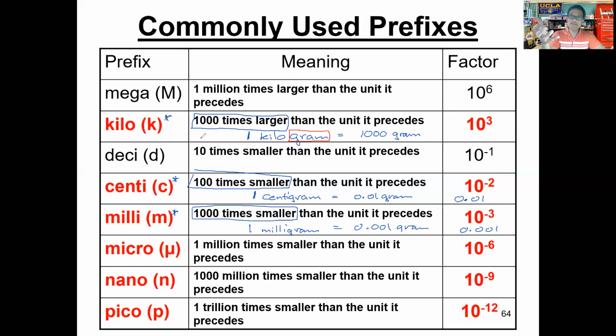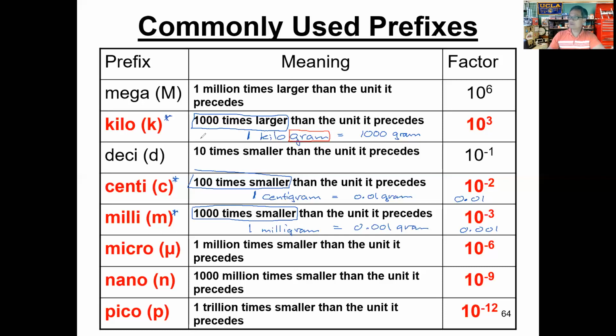So the idea here is that by adding the prefix milli or the prefix centi, we can convert that measurement into a number that is a little bigger than 1 and a little bit easier to use. The whole idea behind adding these prefixes is to obtain a unit that is more usable for a particular situation. Again, in a moment, I'm going to point these things out to you really quickly, and then you'll see how this works.